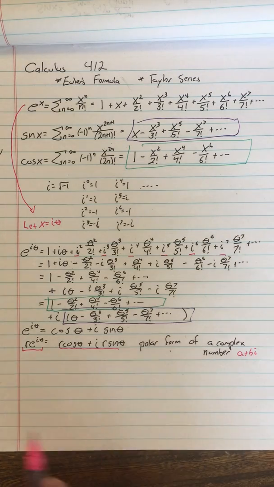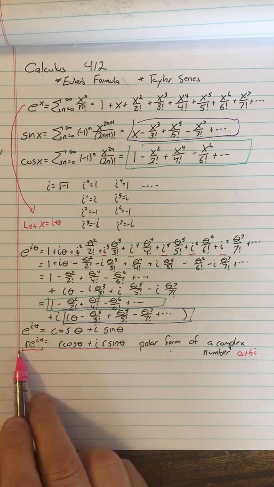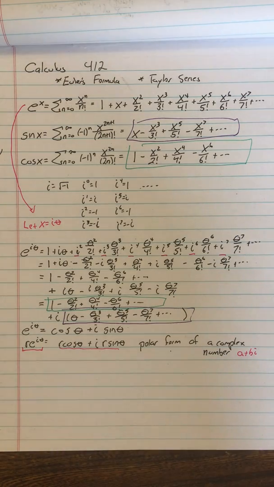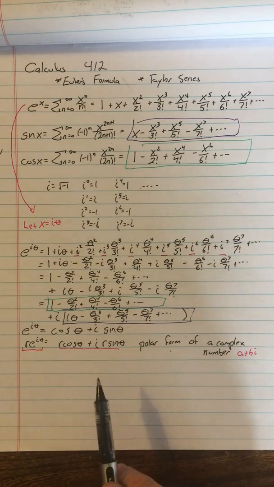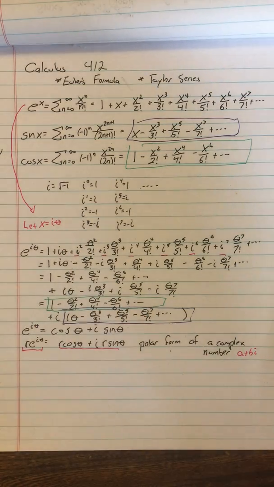But electrical engineering people use r e to the i theta, and they use complex numbers a lot to represent impedance, inductance, and current and voltage in an alternating current circuit, an AC circuit. If you go into electrical engineering, you'll see that electrical engineers use j instead of i for the square root of negative 1. The reason is that they're already using i to stand for current. Go figure, these things have histories that no one can disentangle.